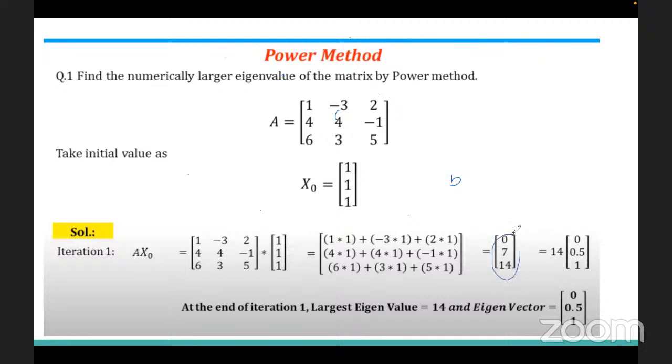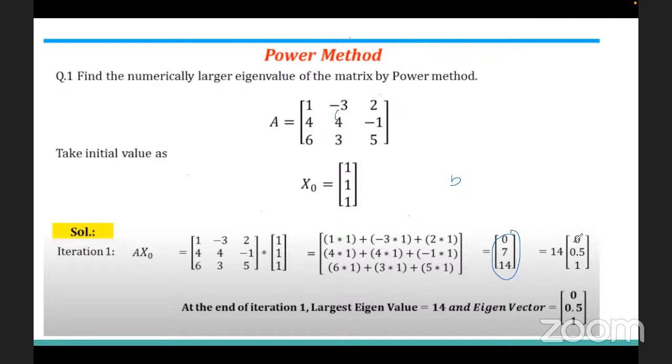Look at my argument. You have the iteration up until you got 0, 7, and 14. Yes, sir. Then you brought out 14 as the highest. Yes, 14, because if you look at the matrix norm, the initial topic we reviewed. Yes, so 14 is the highest. Now, it's not like we are dividing by 14, actually.